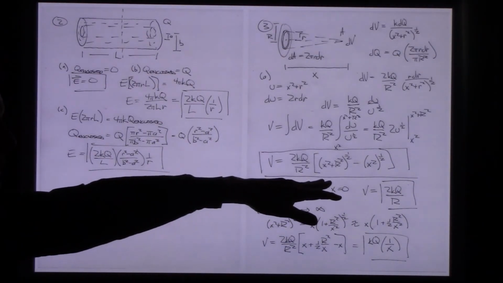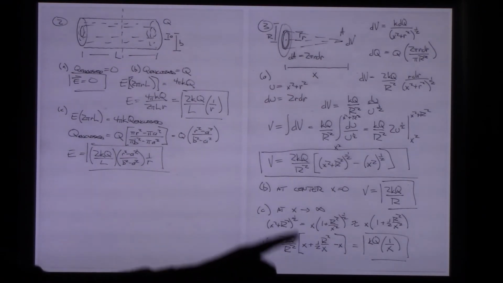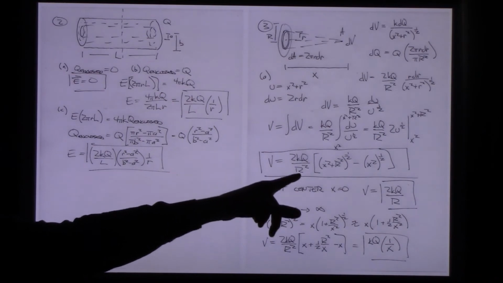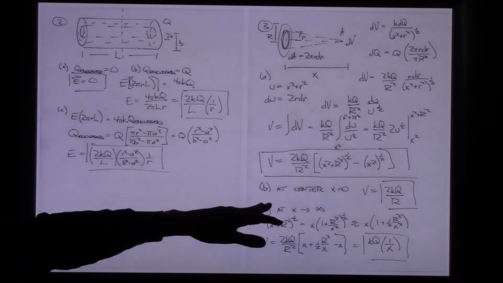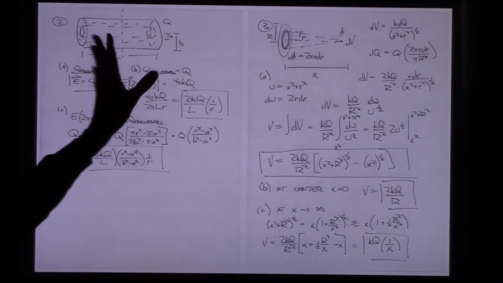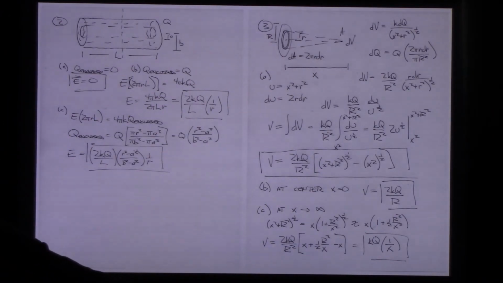So that's it. That's the electric potential that we've calculated. So I've got V as a function of x at all locations along the x-axis. Now, the questions they ask, a couple questions, not this one, this one. By the time I get to x equals 0, what's the potential?